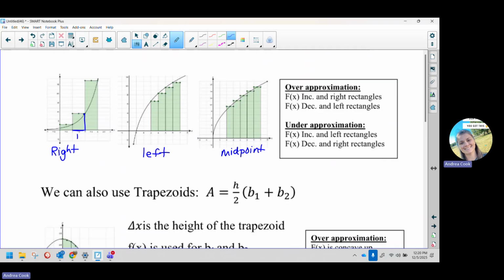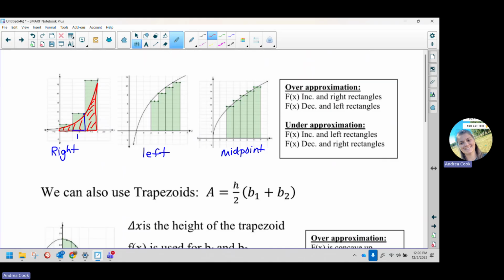All right, so the first picture, is f increasing or decreasing? It is increasing. If f is increasing and I'm using right rectangles, it would be an over approximation, because the rectangles are overestimating the area under the function.